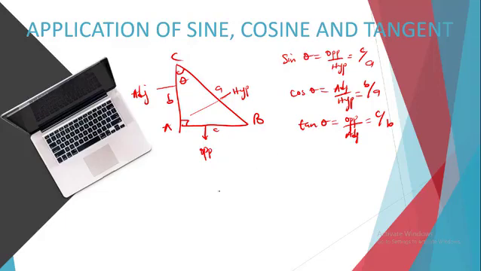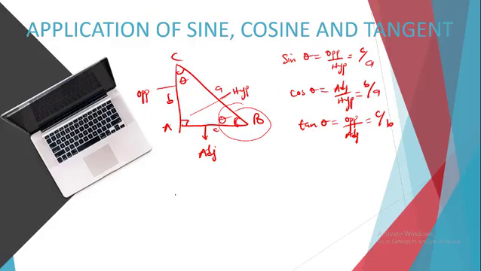Then assuming we are to work with tan B, that is the angle at B, then we'll have here now become our opposite, since it is not facing the given angle, and here changes to become our adjacent, where here still remains our hypotenuse, since it is facing the angle 90.